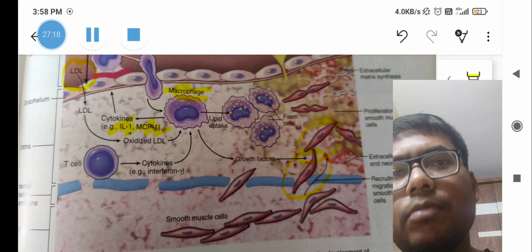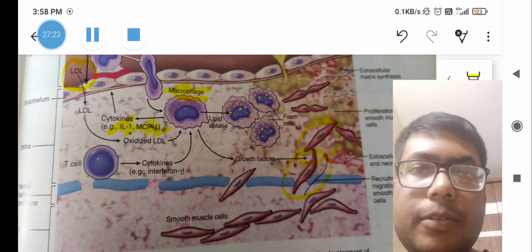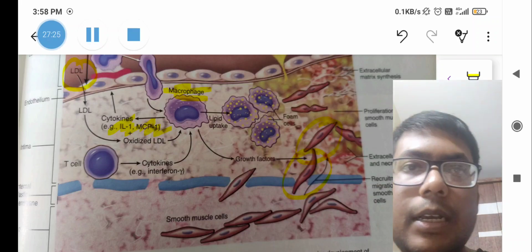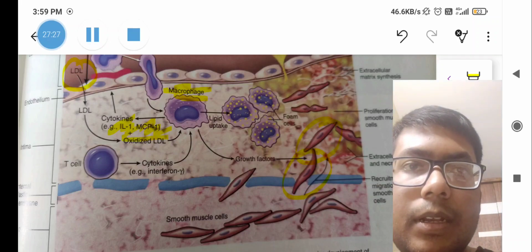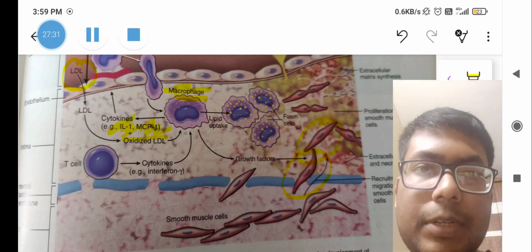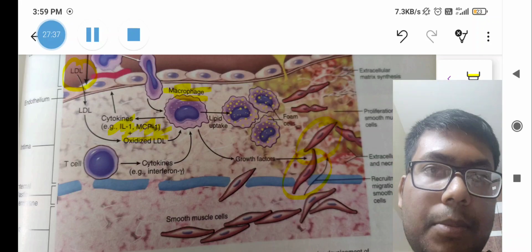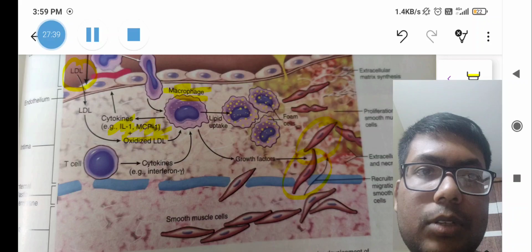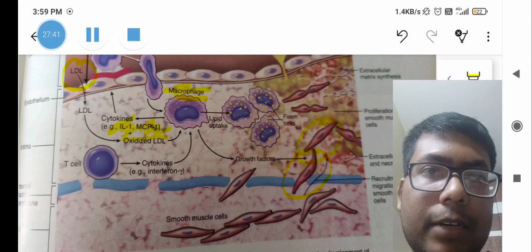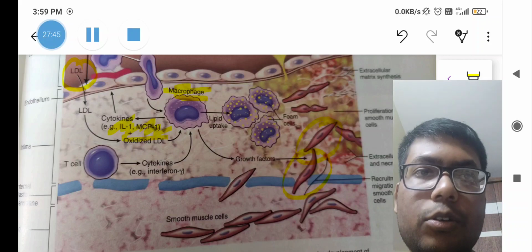We know LDL is called the bad lipid, for this reason, oxidized LDL. So macrophages release interleukin 1, MCP1, these are the inflammatory cytokines, and also interferon gamma is present. So these cause more proliferation of the macrophages and the formation of foam cells, and also more proliferation of smooth muscle.